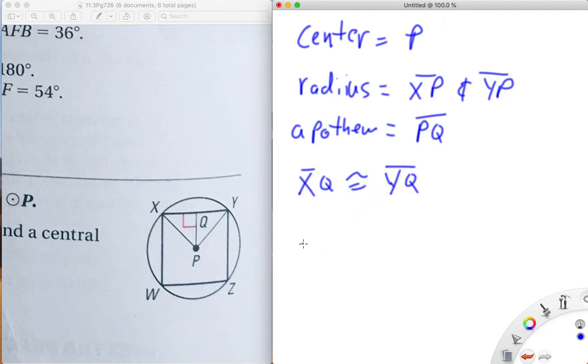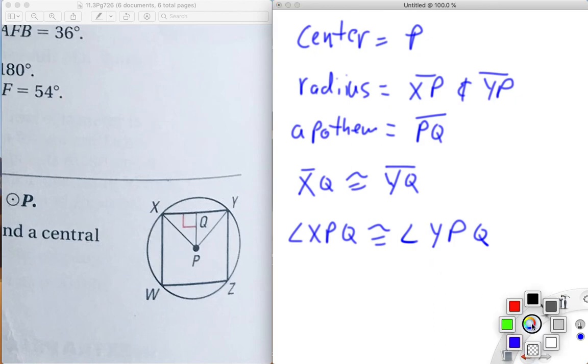We can also say, since it's a perpendicular bisector, angle XPY, which is the central angle because it's from the center, from the middle of the circle and the square, can be cut in half. So we can say that angle XPQ is congruent or equal to angle YPQ because it's a perpendicular bisector.